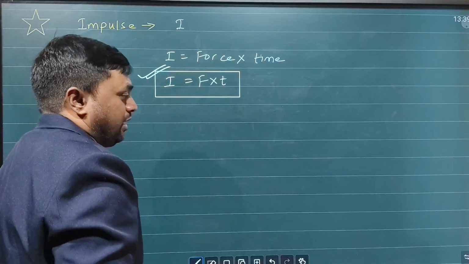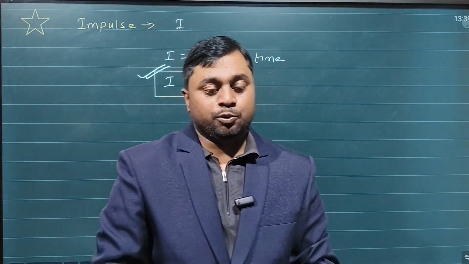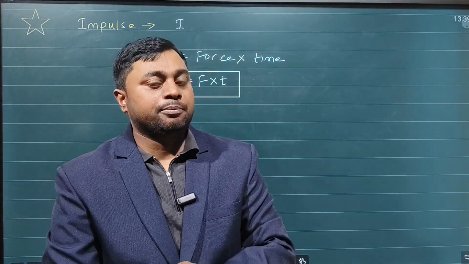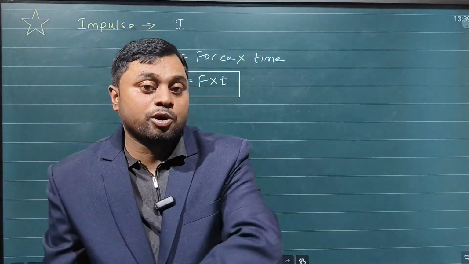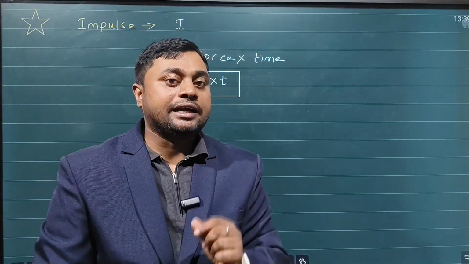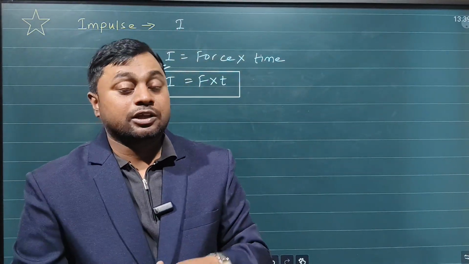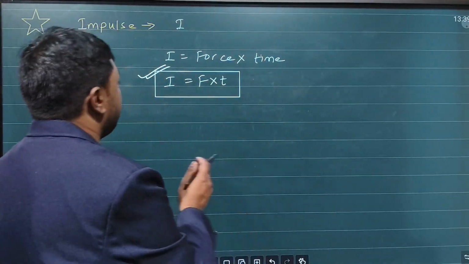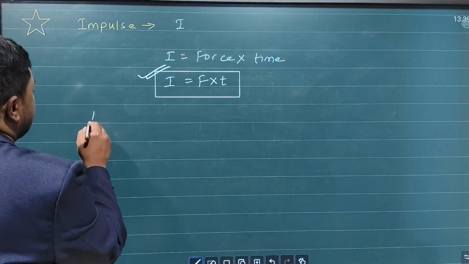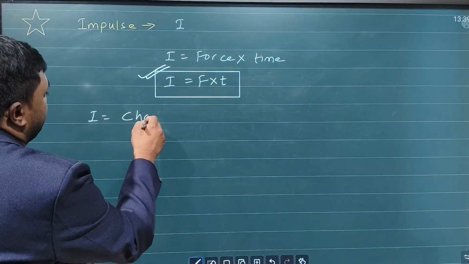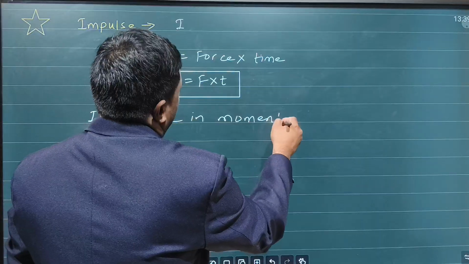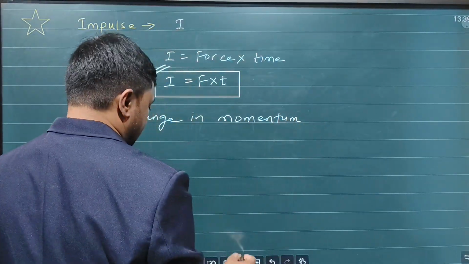While playing cricket, when the batsman hits the ball, he applies a large force for a very short interval of time, so he is imparting impulse. Impulse is also equal to change in momentum. It is useful for solving numericals.